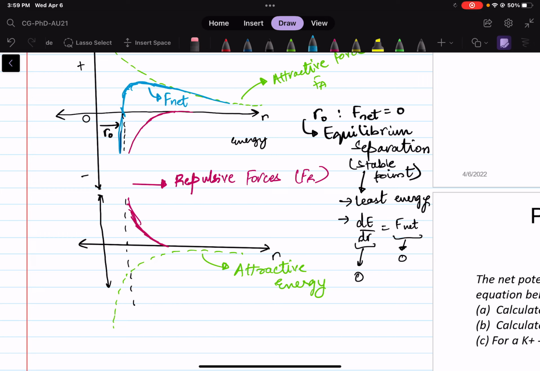So let's draw the net energy curve, and keep in mind the point where you have R naught, you'll have a minimum energy situation.